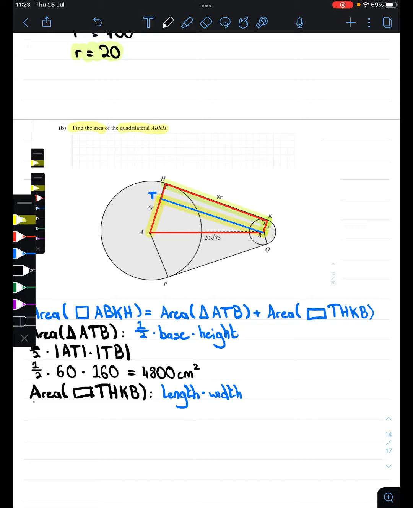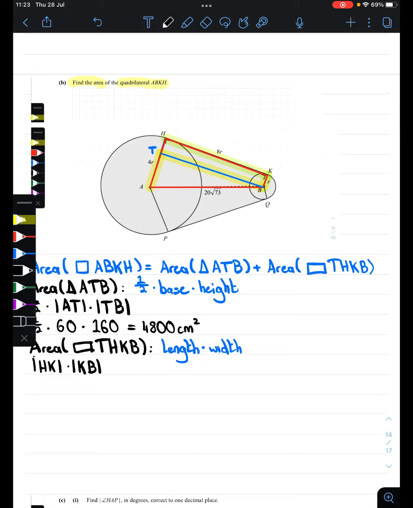So HK times KB. All right, and we know both of these again: HK is 8r, so 8 by 20, 160, and KB is just r, so 20. So this equals 3,200 centimeters squared.